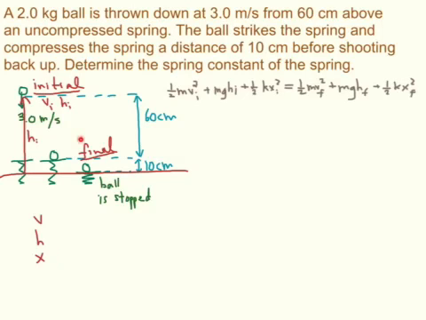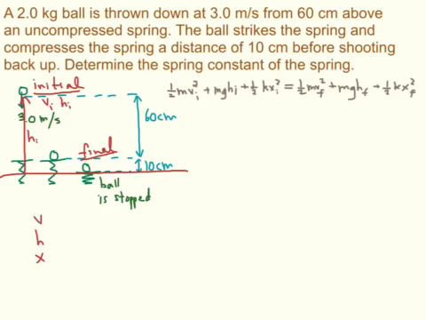Okay, at the end, our final moment. The ball has stopped, so we do not have any speed, so I do not write down speed, VF. Do we have any height? From this red line, we are 0 meters up. We're some initial height up over here, but at the final moment, we're 0 meters up, so there's no height. Compression, yes, we do have that.